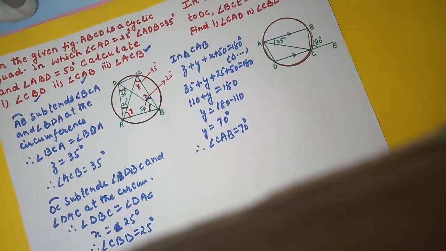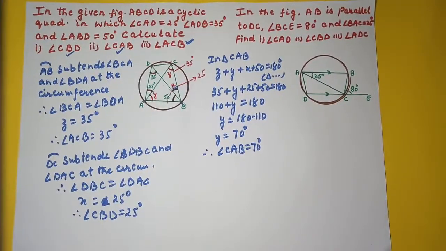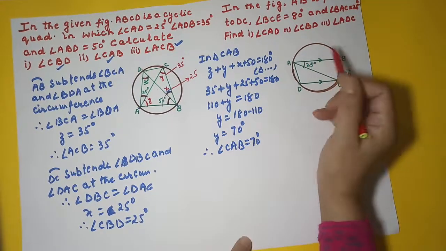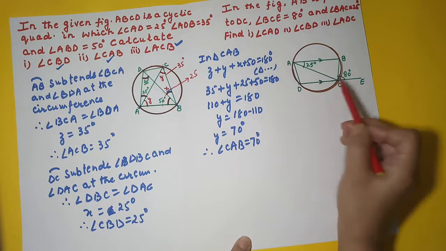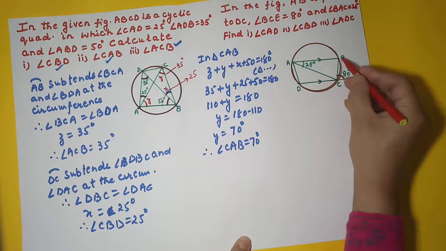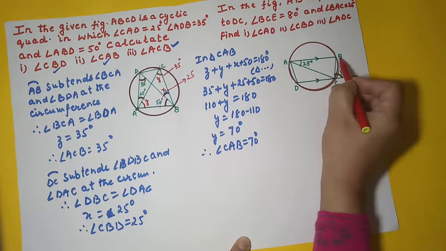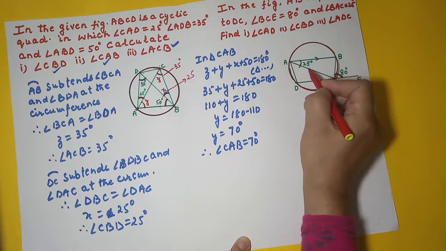In this question we have AB line parallel to DC, and he has given us angle BCE equal to 80 and also angle BAC, that means this angle, equal to 25.